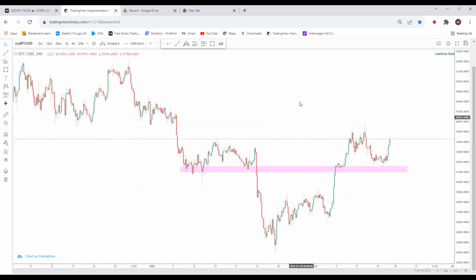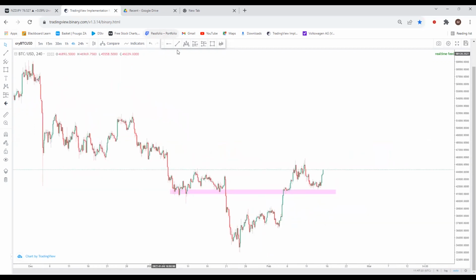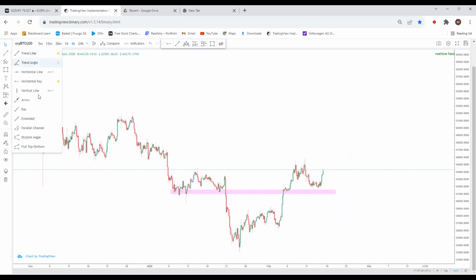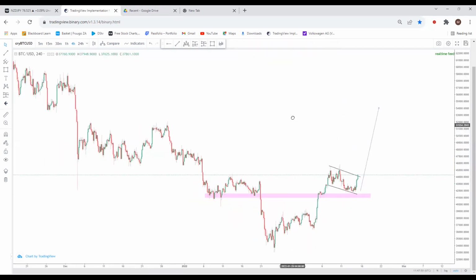I don't know how long, or how much it's going to go up by, but if you see any flags, what I mean by flags is the bullish patterns, once you see these again within the bullish run, you can execute your buys. So that is what I see with Bitcoin.